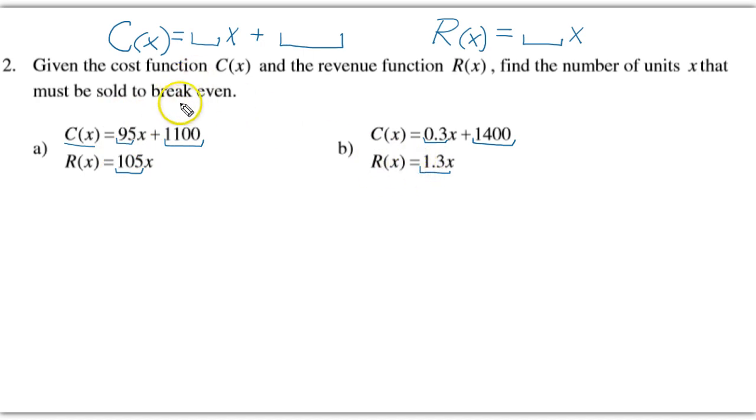So you're wondering, when will you break even? Now if we look at this in a graph, this equation where you start at 0 and shoot up is your revenue. Now notice the 1100 and the 1400 are in the position of B in your slope-intercept formula.